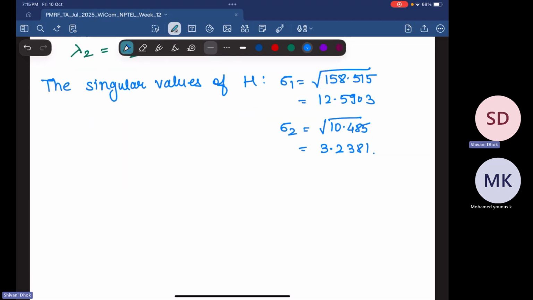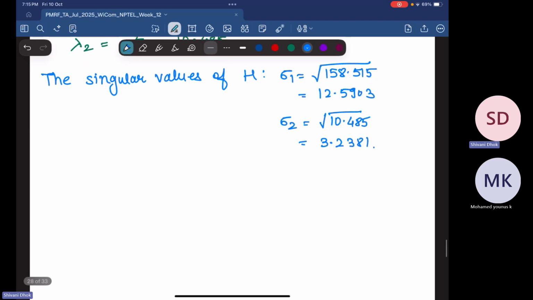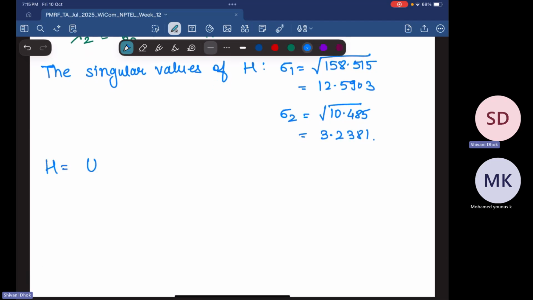Okay, so if you want to get your sigma, we have your H as U sigma V Hermitian. This was your 3 cross 2 dimensional matrix. This is 3 cross 3. This is 3 cross 2. And your V is nothing but a 2 cross 2 dimensional matrix.